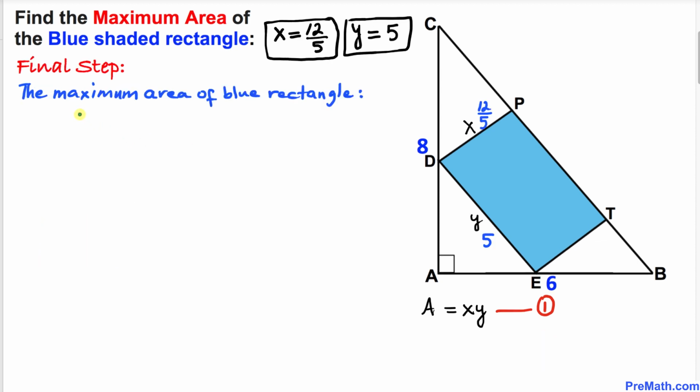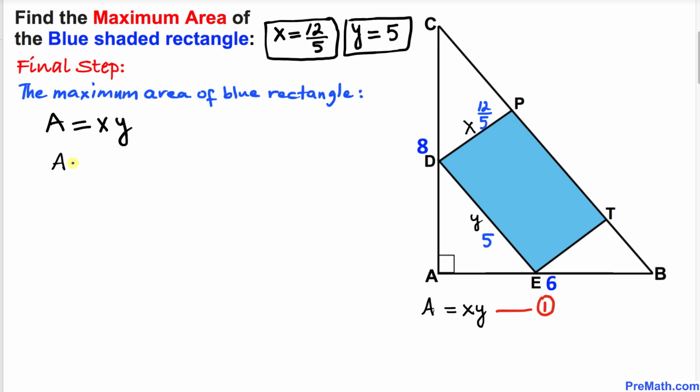And here's our final step. We are going to calculate the maximum area of this blue rectangle. For that reason, we are going to replace these x and y values in this equation 1. And here I have copied down area equals x times y, equation 1. Let's replace x and y values over here.